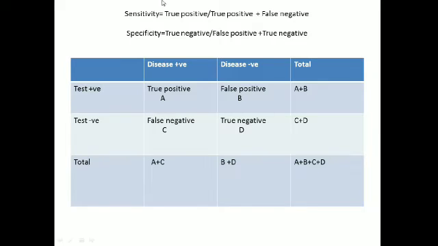And here comes the specificity. How to find out the specificity? D divided by B plus D, which means true negative divided by false positive plus true negative. After doing this calculation, you will find the specificity.